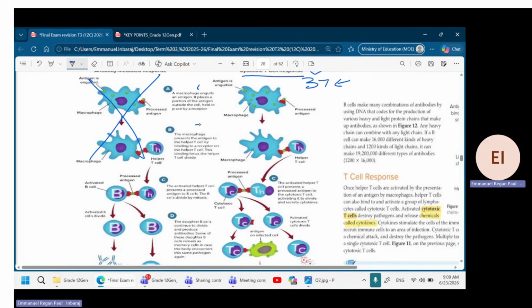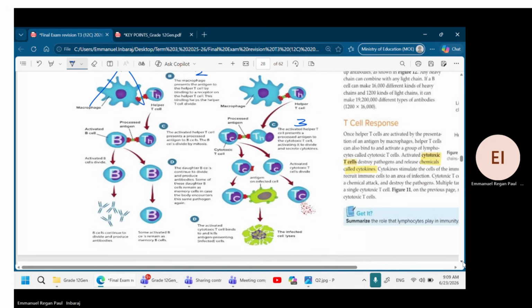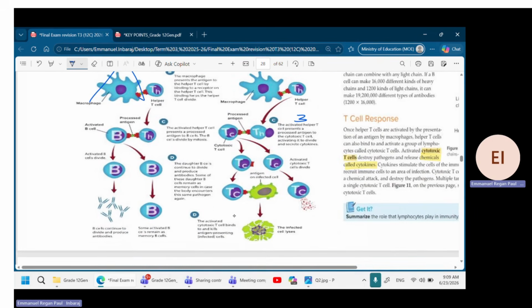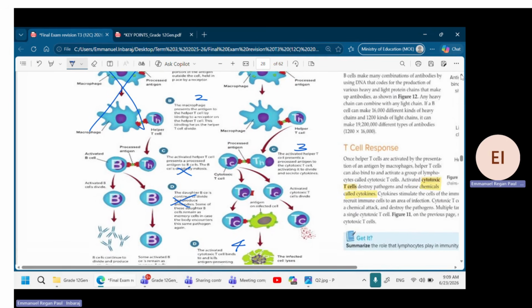This is step number 2. This is 3. And the fourth one is here. This is 4. These 4 points only you have to know. Not this. So 1, 2, 3, 4. Just understand it.